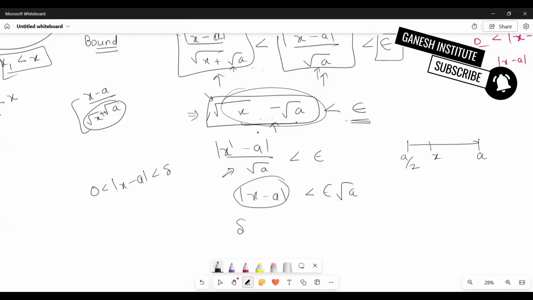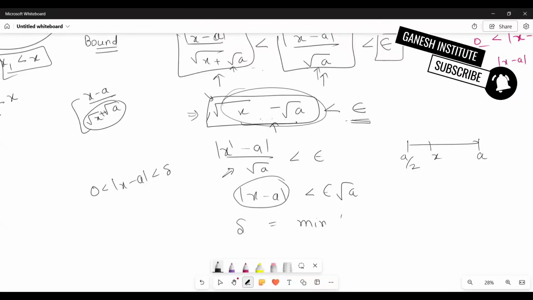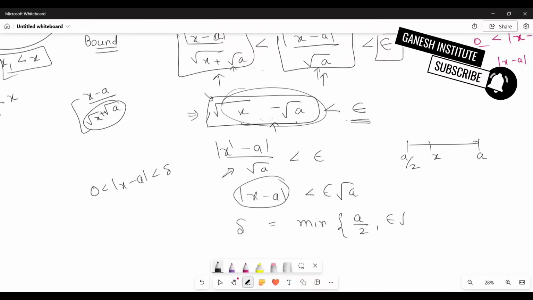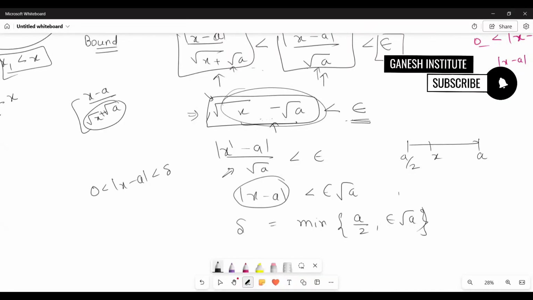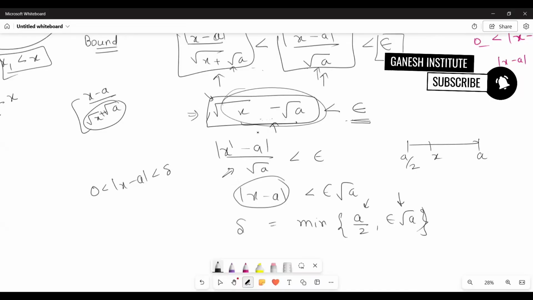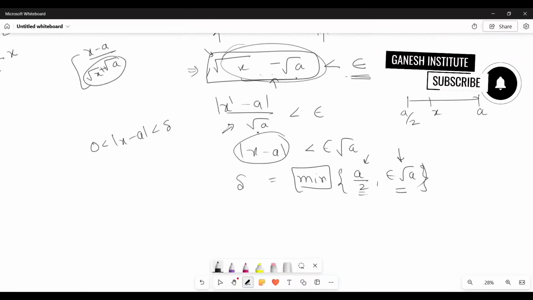So for that, you are assuming that delta, whichever value is lesser, you have to take that, the combination of epsilon and the value which you have got for x. You have to consider those two values and you take the minimum of that.